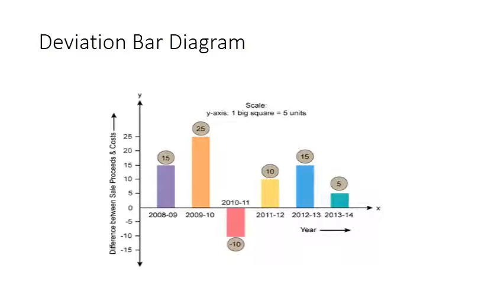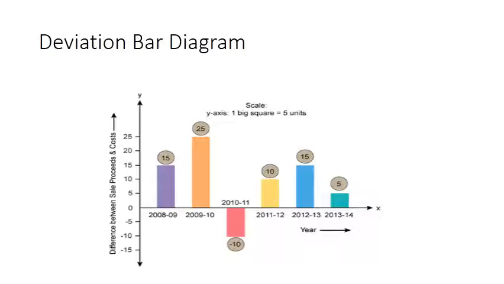It depends on the unit. It may be in percentage; here it shows 1 big square is equal to 5 units, and you can see here 5, 10, 15. So there is a 15 units increase in sales.